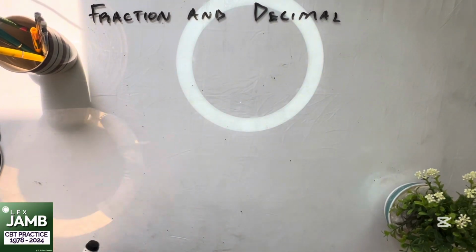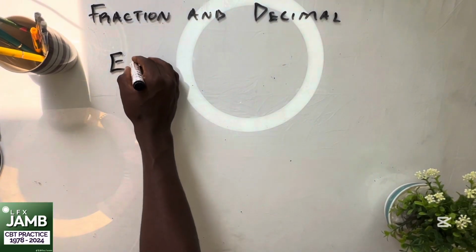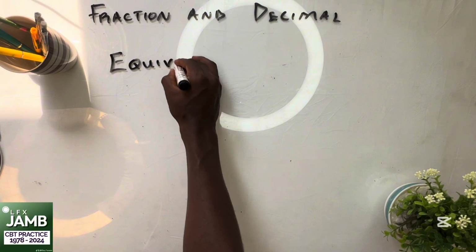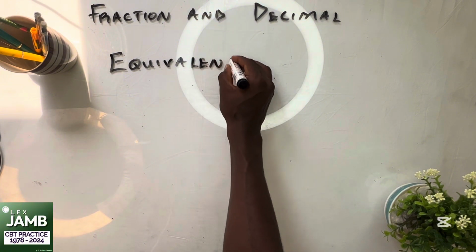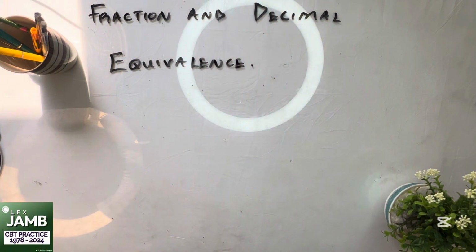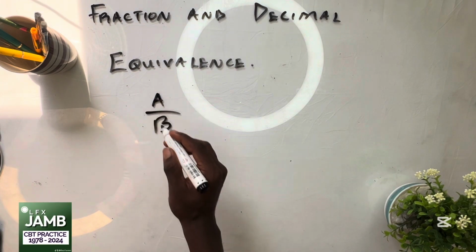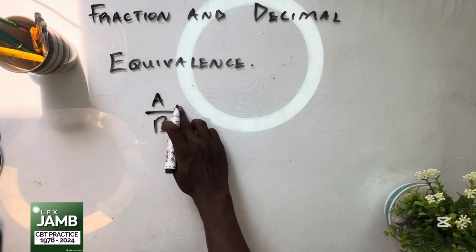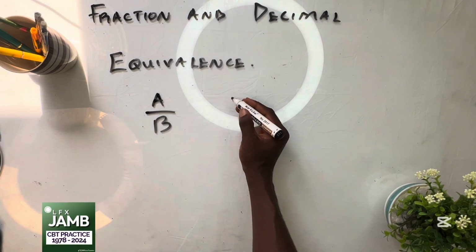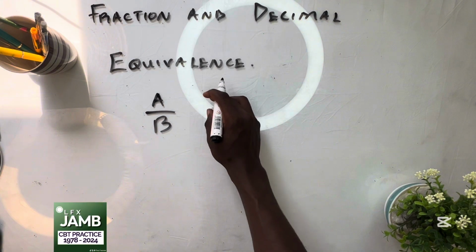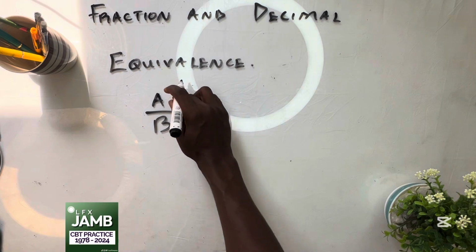So let's go to what we call equivalence of fraction, or equivalence fraction. Equivalence fraction is a situation whereby we have integer A over B, which when broken down gives us a lower term, meaning they have similar factors.